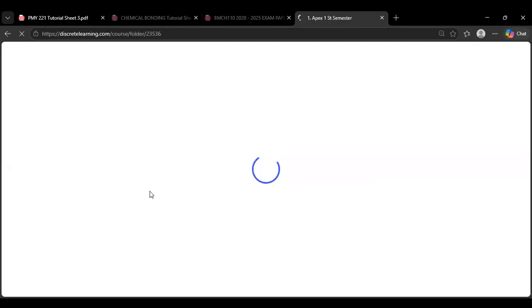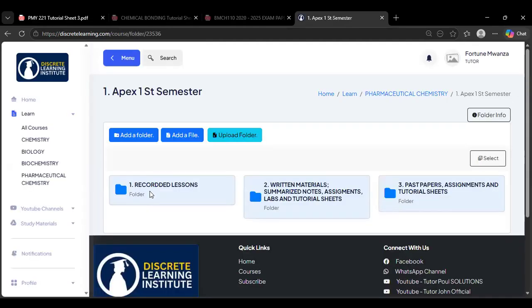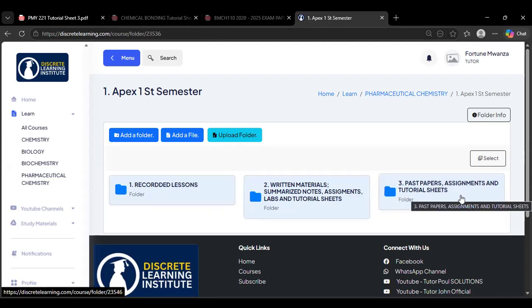Once I open first semester, I'm going to see other folders. We have recorded lessons, and for lessons you can go in that folder. Then we have materials, summarized notes, assessments, and labs. For the past papers, tutorial sheets and assignments, we are going to find them in the folder written past papers, tutorial sheet, and assessment.